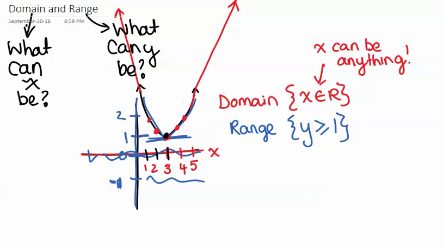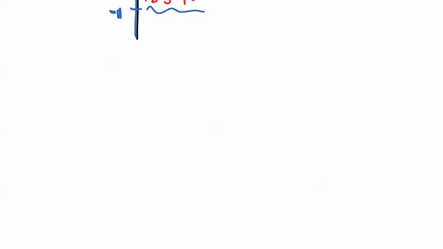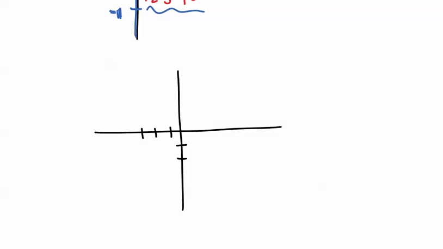Let's try another one. Okay, so say we had the graph of a square root function, a radical function, and it's starting here at -3 and it's heading this way. So we want to comment on what the domain is.